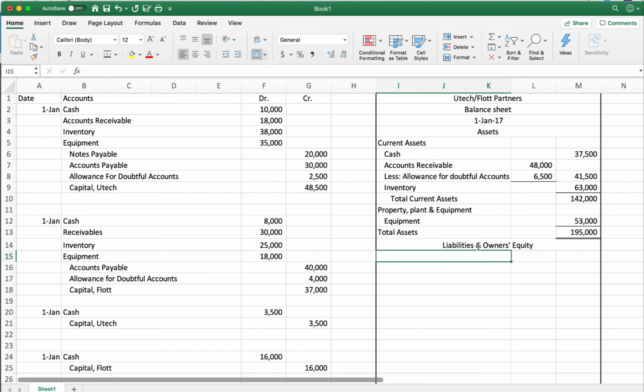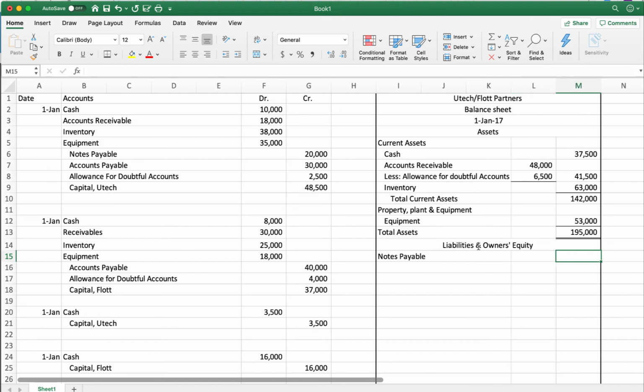No problem. So what are the classifications of liabilities? Well, we have current liabilities and long-term liabilities. Okay. Remember what our current liabilities are. They're anything that will be due within the year or the operating cycle, whichever's longer. Okay. So the first thing we have is notes payable, right?